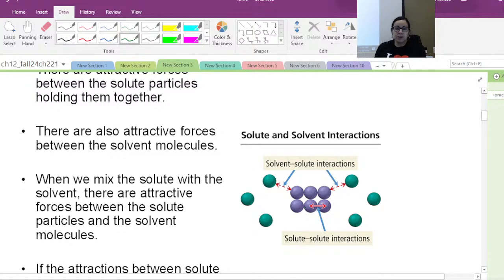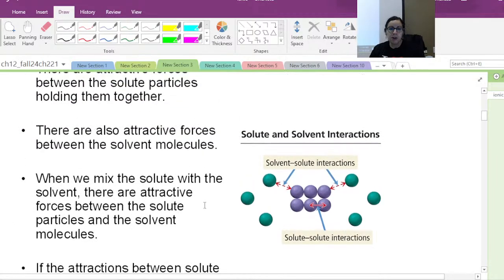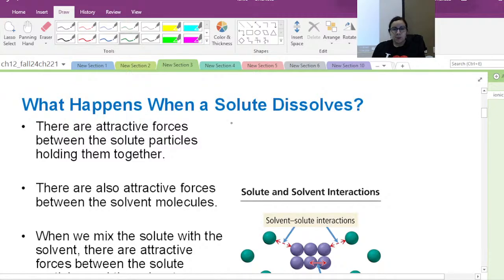But to get something to dissolve, our solvent has to come along and overcome these solute-solute interactions. So our solvent-solute interactions have to be stronger. If those attractions are strong enough, dissolving happens, like we see with sodium chloride or all our other compounds. Think back to the solubility rules that you have.